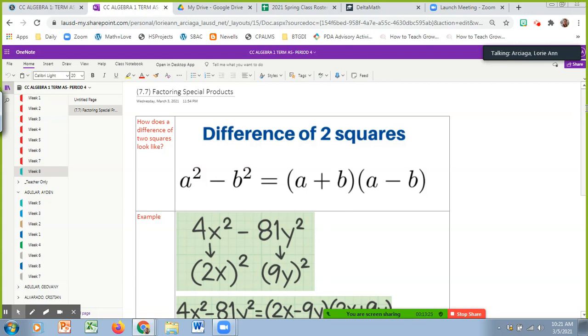All right. So, just to summarize where we are and what we're doing. The main idea for this chapter is factoring, right? Aside from factoring, we also did polynomials. Under polynomials, we learned how to add, multiply, and subtract.